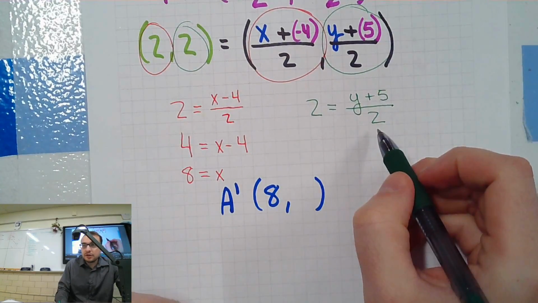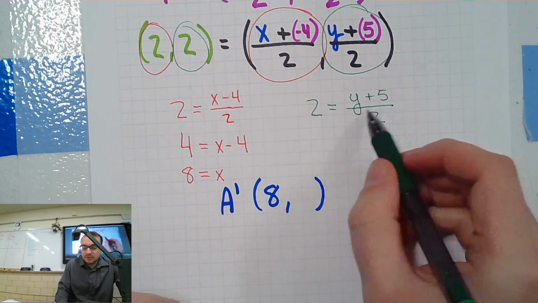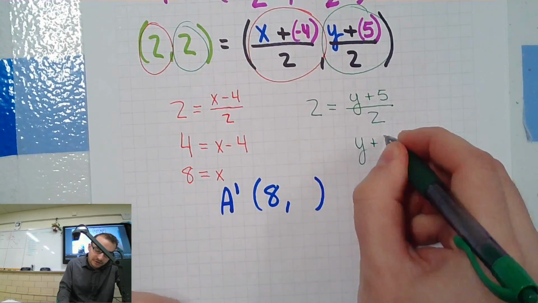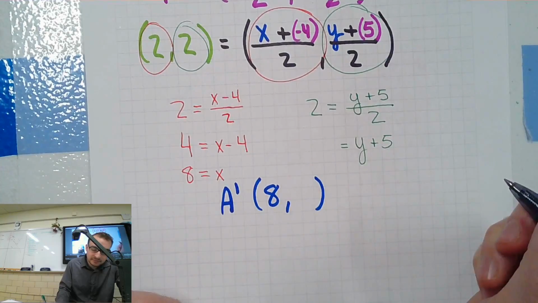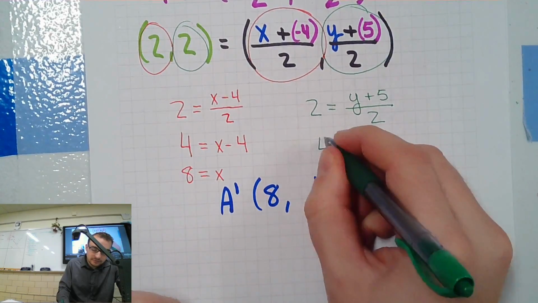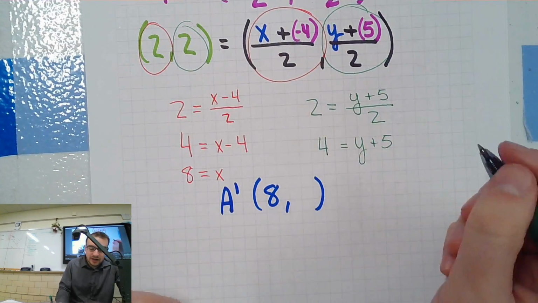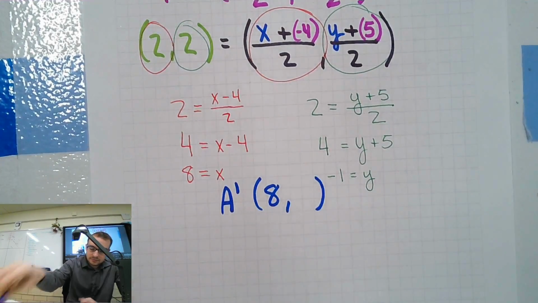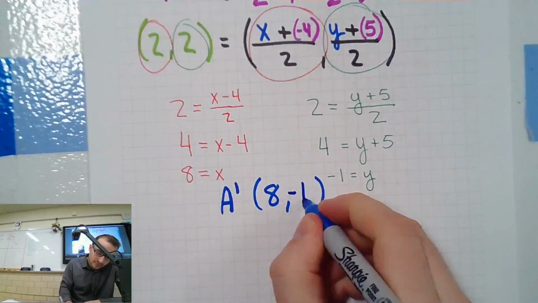I'm going to get rid of that division by multiplying. What happens when I multiply both sides by 2? We get this. And what do I get on the left side? 4. Now I subtract 5. There's A prime.